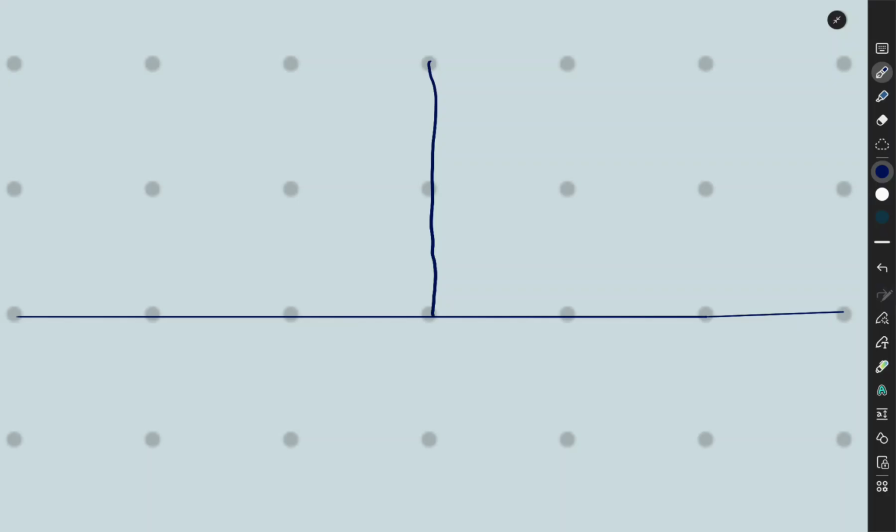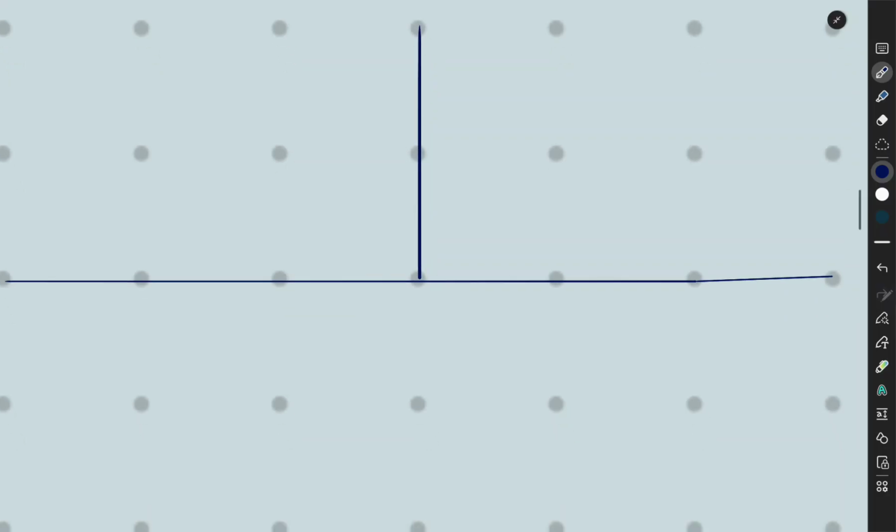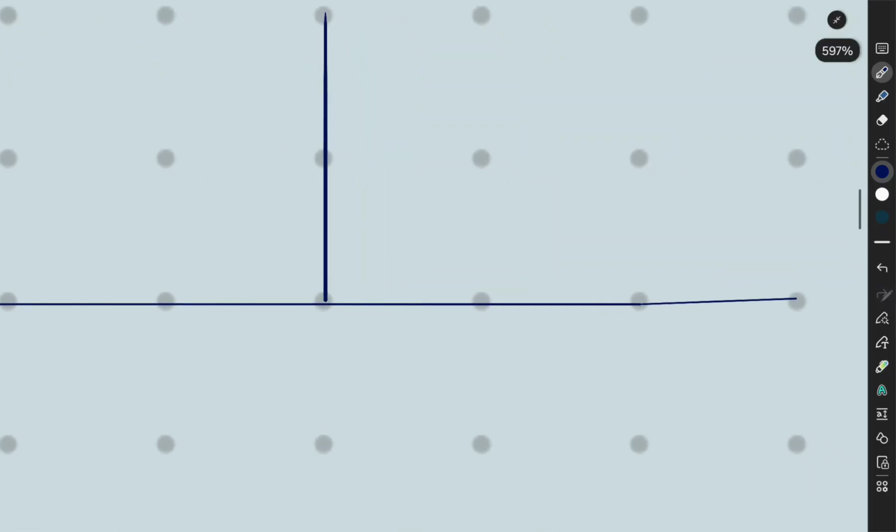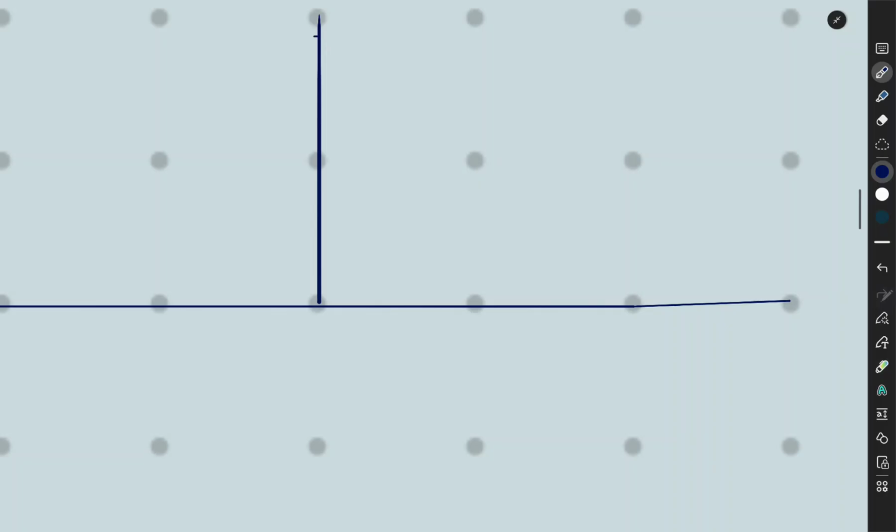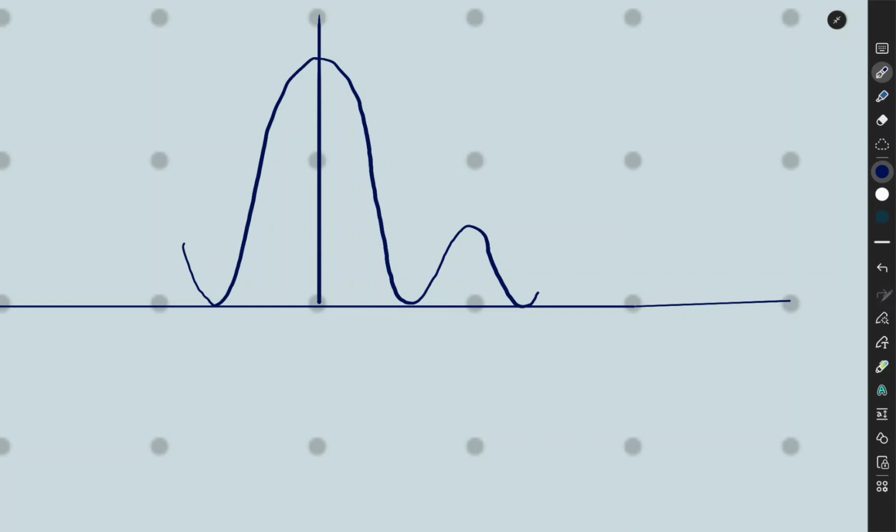This will be the intensity axis. At the central maxima we will get the maximum, and then it will go like this, and it will go on decreasing.